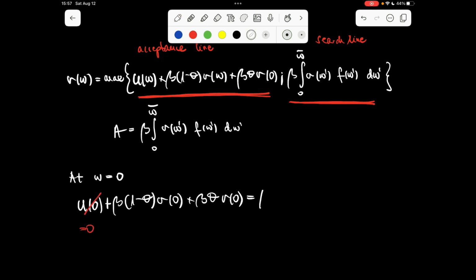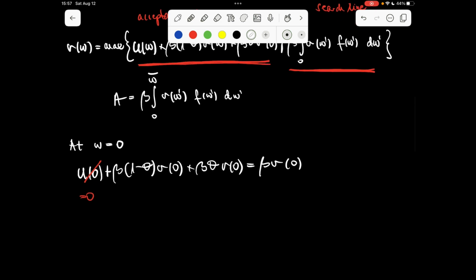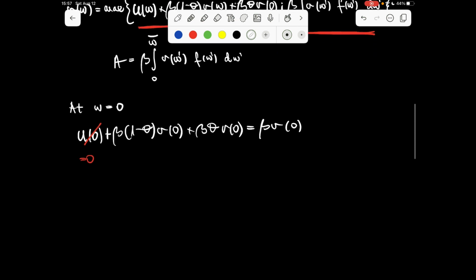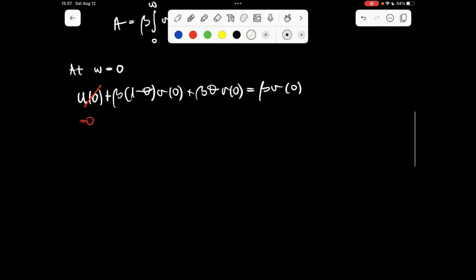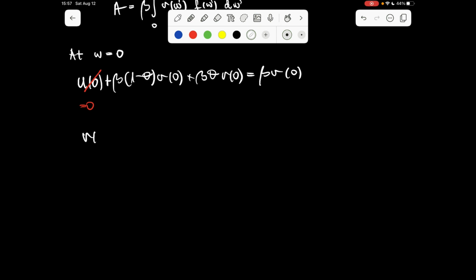So altogether, it is sure that at zero wage, the acceptance line leads to a lower value than A. Then we realize that at zero wage, the value function is A. How?